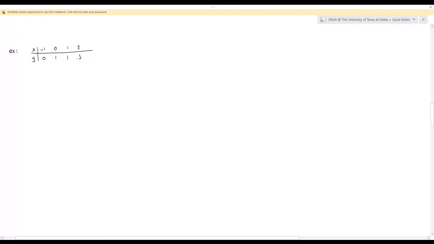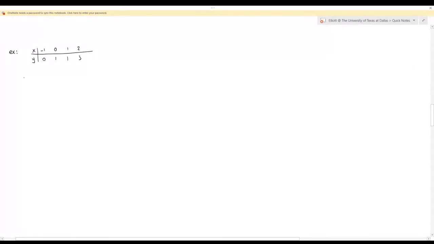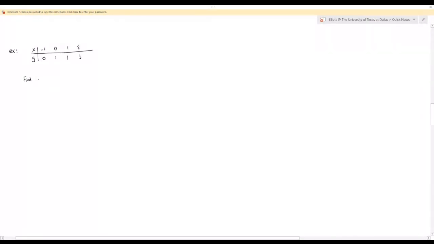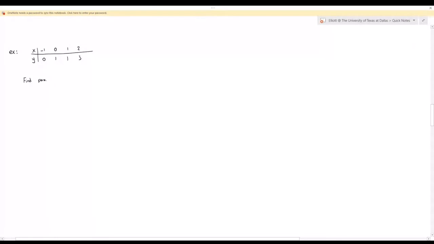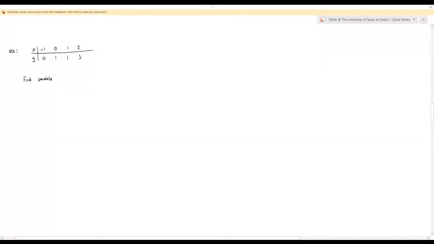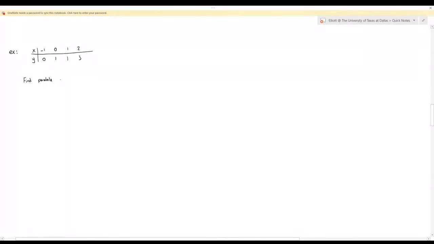In the last example, we found the line that would best fit these data points. This time I want to alter it slightly, and say we want to find a parabola that will best fit these points instead of a line.